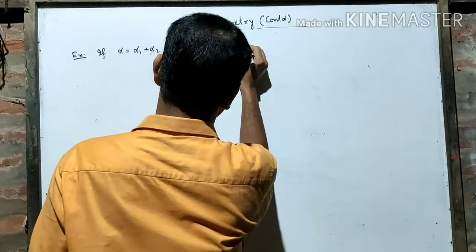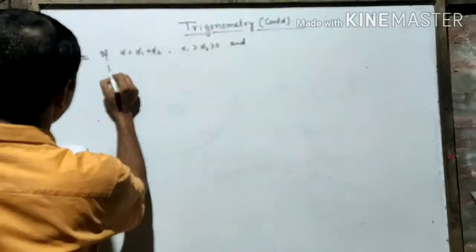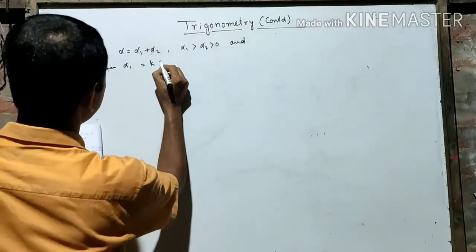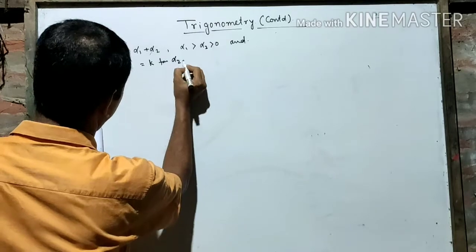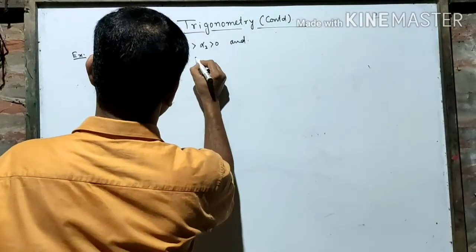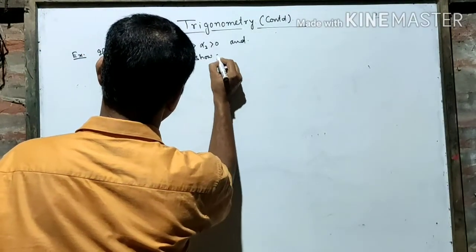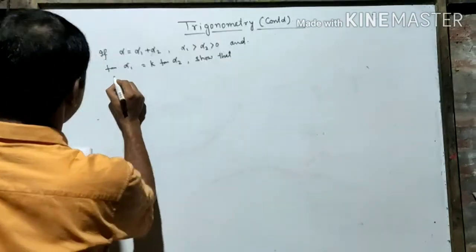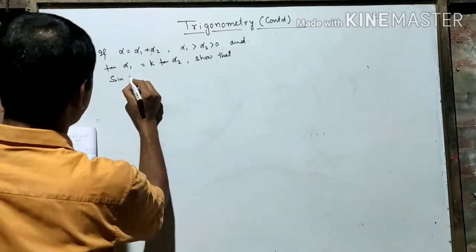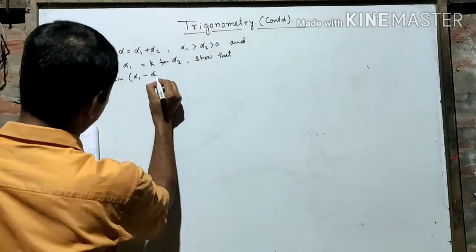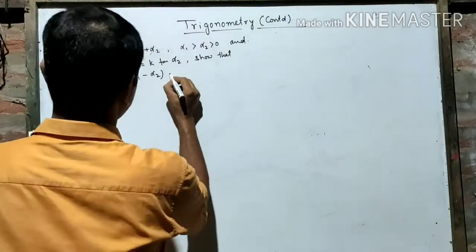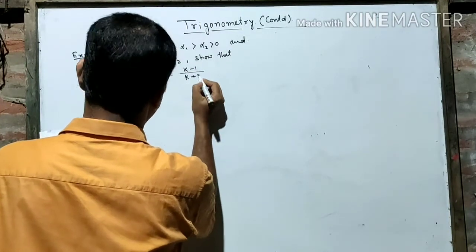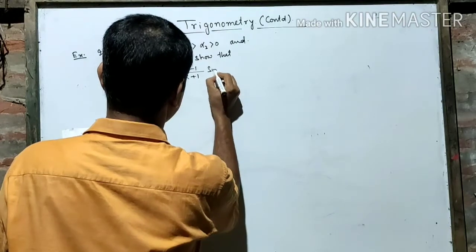And one more thing is given, tan alpha 1 is equal to k tan alpha 2. Show that sine of alpha 1 minus alpha 2 is equal to k minus 1 by k plus 1 into sine alpha.